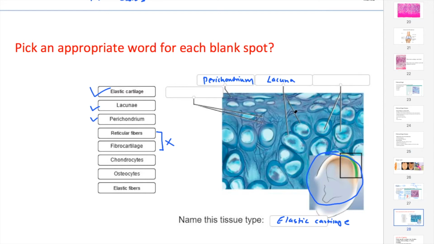Chondrocyte, yes. Chondrocytes are these, the inside ones. So chondrocytes are present in the lacuna. Okay, perfect. Osteocytes. Can you find osteocytes in cartilage? Never. Can you find elastic fibers? Yes, of course. So elastic fibers.